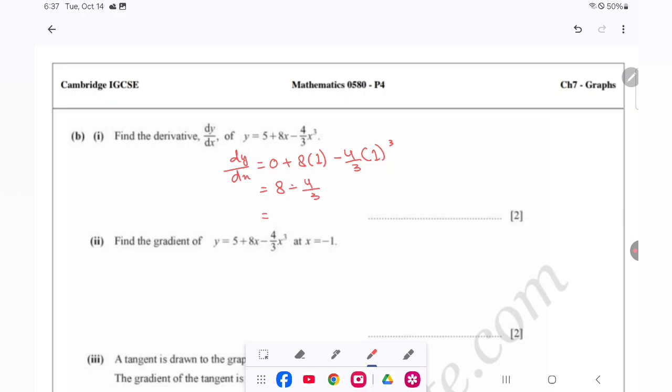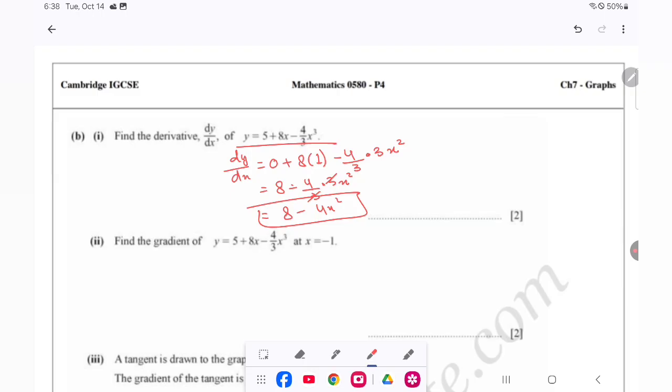And if we solve it further, the derivative of x cube is power minus 1, x square. So this 3 will cancel out. 8 minus 4x square. This is the derivative of the given equation.